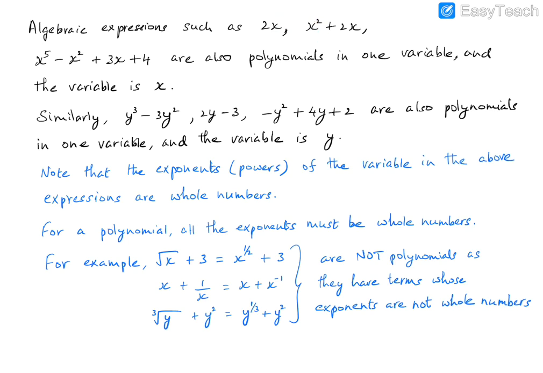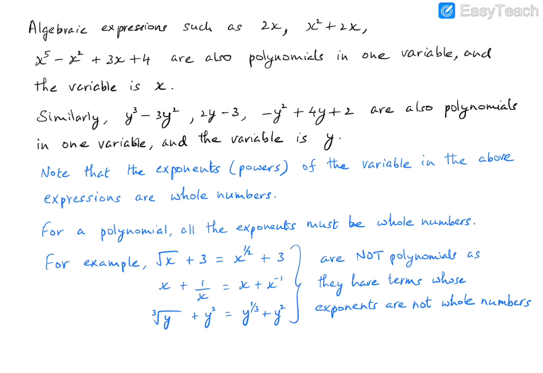So in this case here, x power 2 plus 2x power 1. So the power here is 2 and the power here is 1. Similarly, in this particular example for a polynomial, we have x power 5, so the power here is 5, and here it's minus x power 2, so the power is 2. 3x is nothing but 3x power 1, so the power is 1.